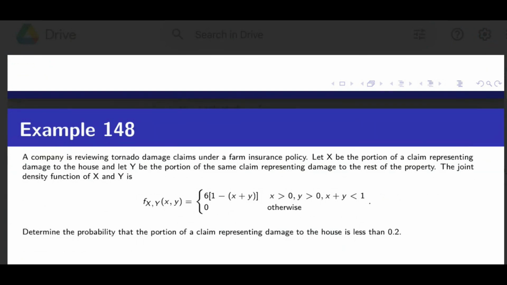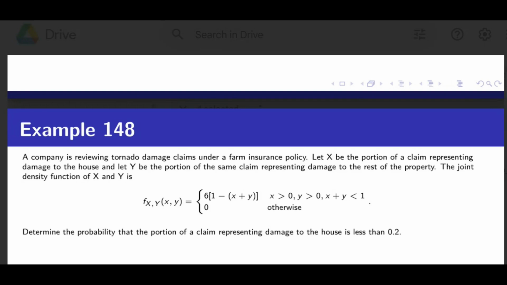Now, I want to talk about it practically. Do you know why this is a realistic problem? Do you know what we are modeling? What we are modeling is the portion of the claim. Does it make sense to you, therefore, that X plus Y cannot exceed 1? 1 represents 100%. In other words, X and Y live in this zone.